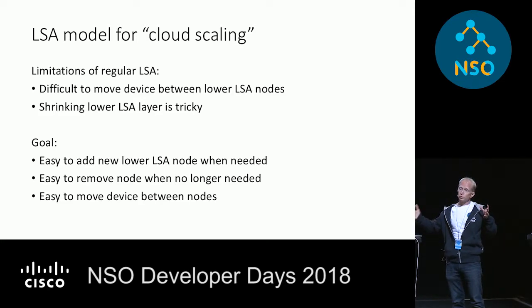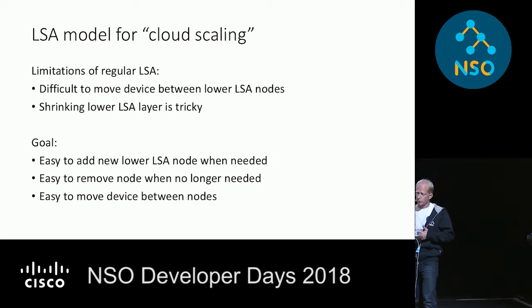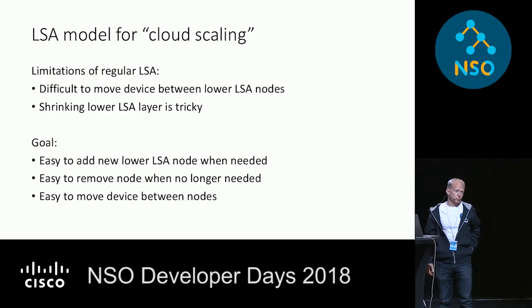But it's not really easy to move devices between different lower LSA nodes. It's quite hard. You can, in theory, undeploy the service on the lower node, undeploy it on the upper node, and then redeploy it on a new node, changing the dispatch table. But it's quite cumbersome. So we got an ask for making it easier to move devices between lower nodes, so you can load balance devices on the lowest LSA layer.